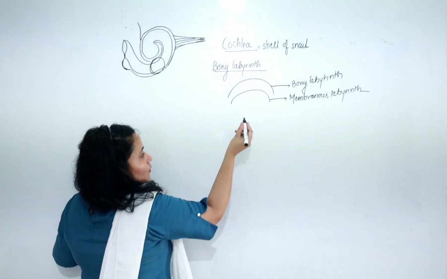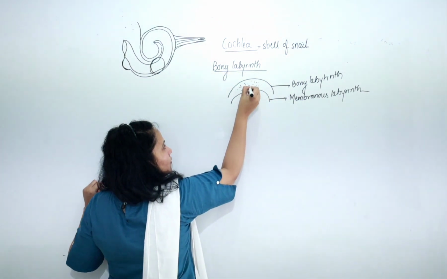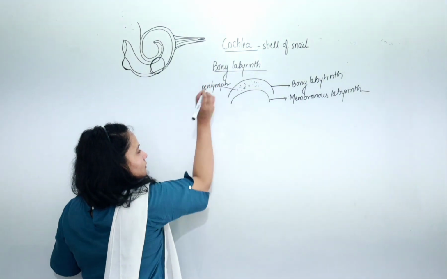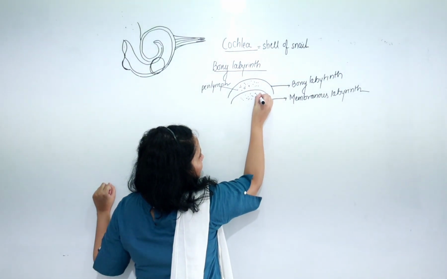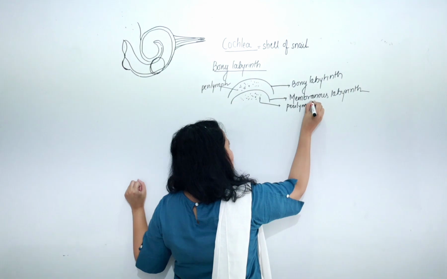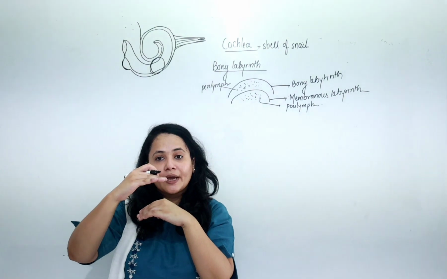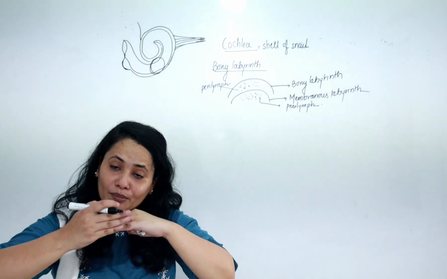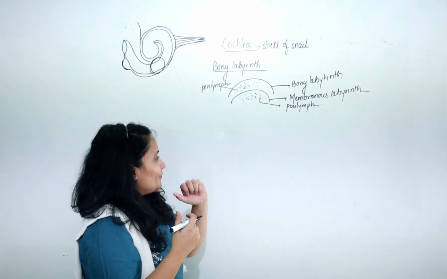Now, inside the bony labyrinth there is a fluid, we call it perilymph. And inside the membranous labyrinth there is another fluid, we call it endolymph. Remember, bony labyrinth, membranous labyrinth. Inside the bony labyrinth there is perilymph. Inside the membranous labyrinth there is endolymph. Endolymph means the innermost.